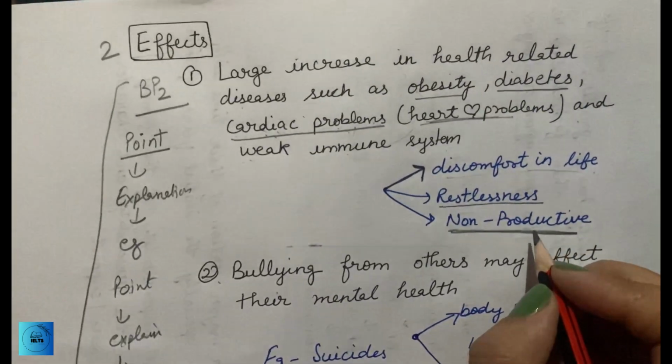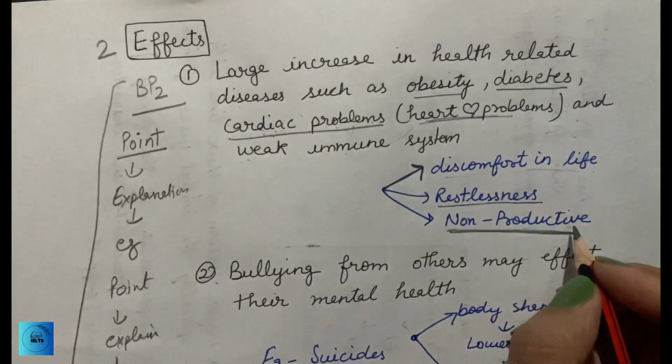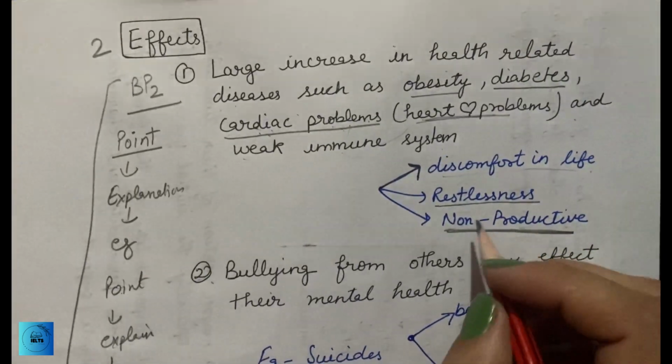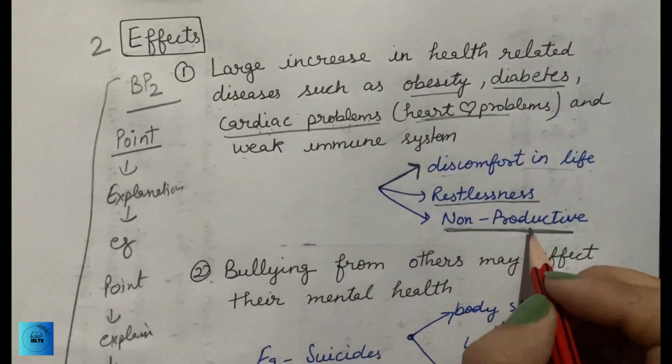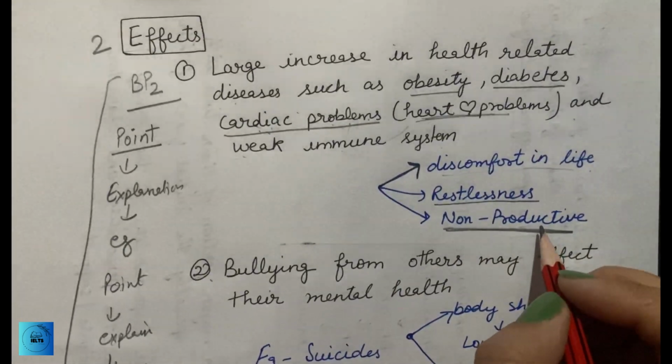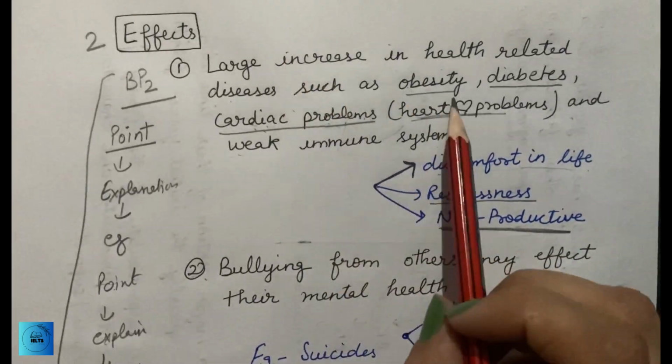So if they are less productive, or they are not able to do their work properly, whether it is studying or doing work, completing assignments or any other work, they will have problems.